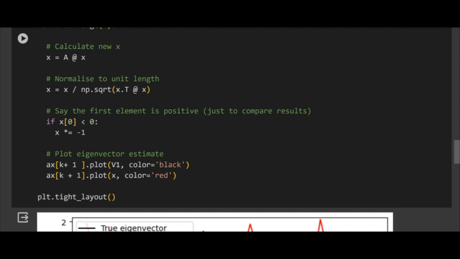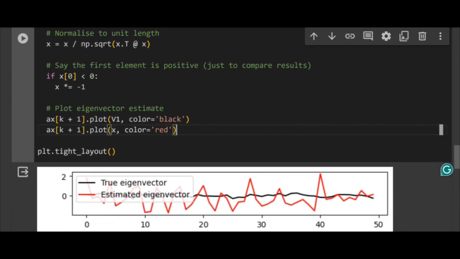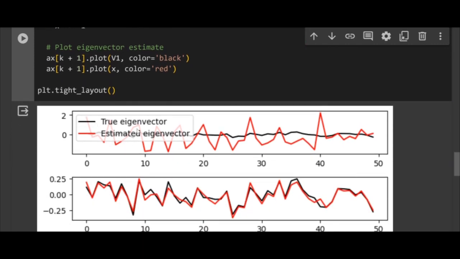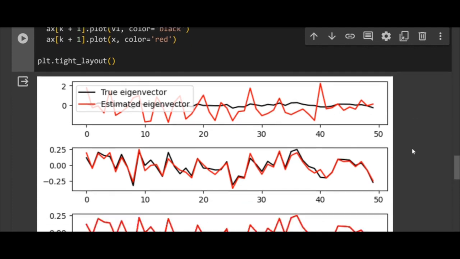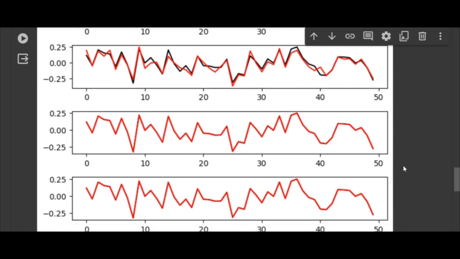And then all we're doing here is plotting the two on top of each other, i.e. we're plotting how our estimate converges. As you can see, initially the estimated eigenvector, shown in red, has been randomly generated, and then over subsequent iterations you can see that we converge.